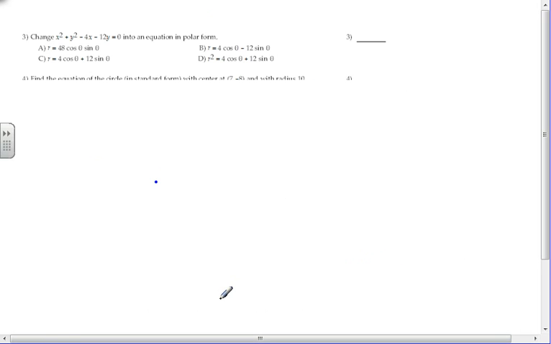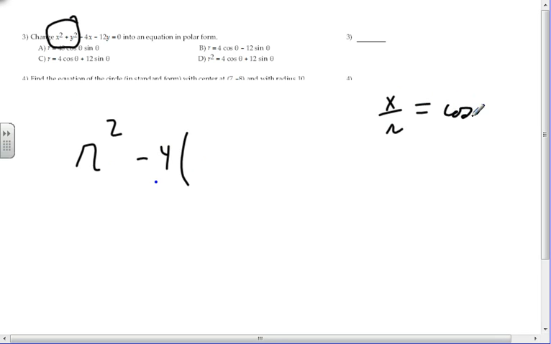Uh-oh. x squared plus y squared minus 4x minus 12y is equal to 0. Change to polar. All right, my x squared plus y squared becomes r squared, minus 4 times x. Let's see, x over r is cosine theta.